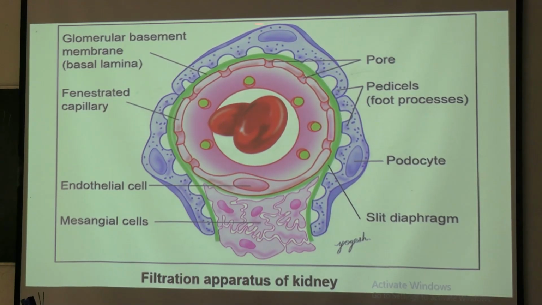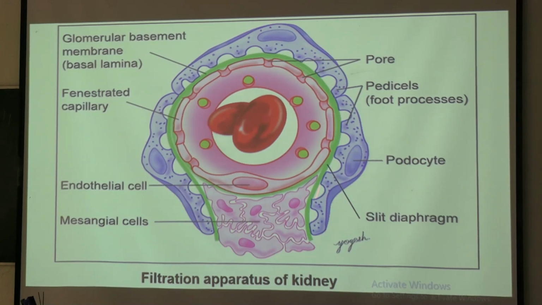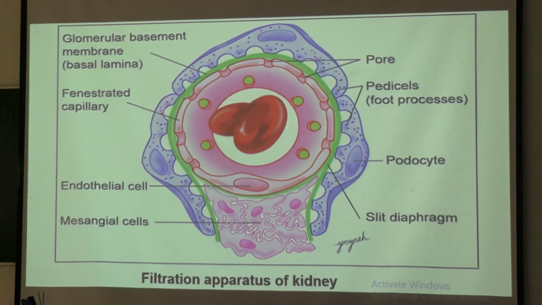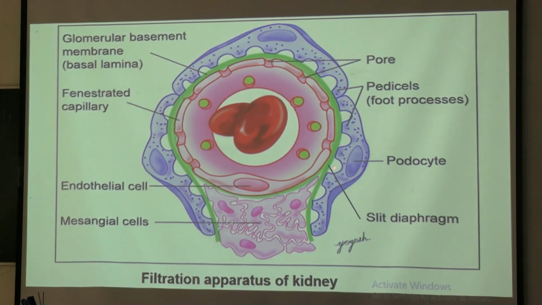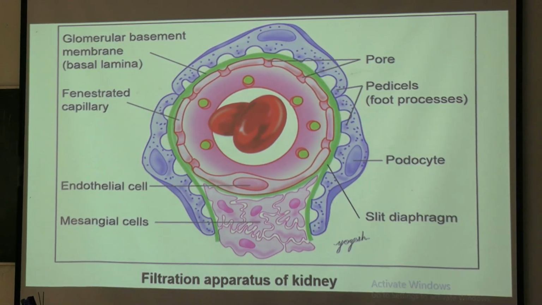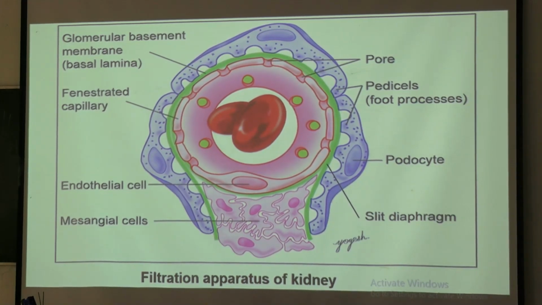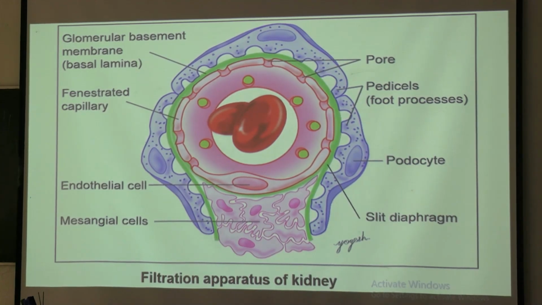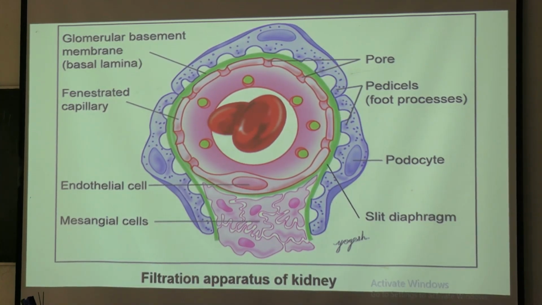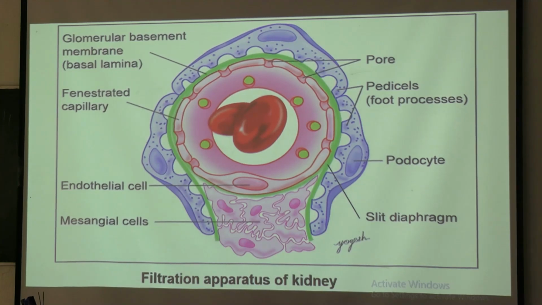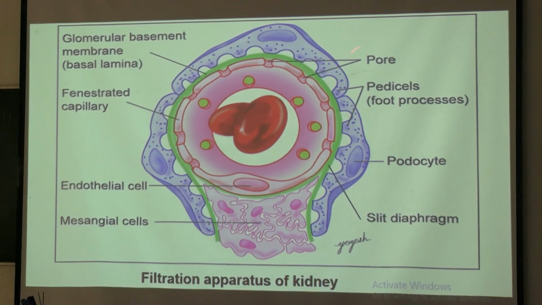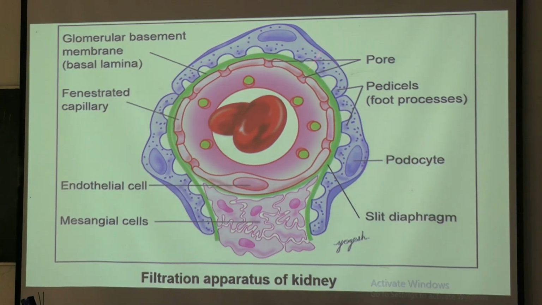After that, you will see the visceral layer of the Bowman's capsule that is formed by these podocytes. Podocytes have multiple foot processes, and these foot processes are interdigitating with each other. Through the spaces between this interdigitation, the materials pass from the capillary lumen up to the Bowman's space. So it is a fenestrated area.